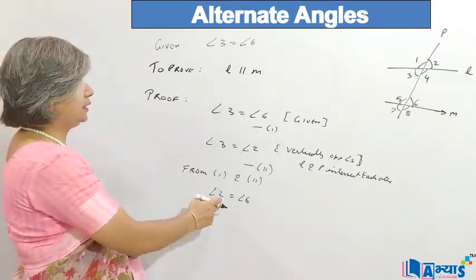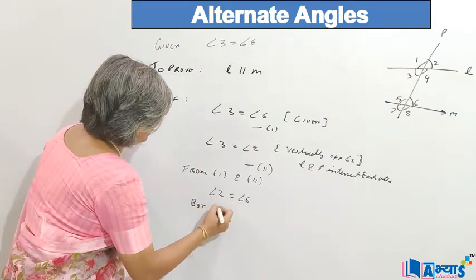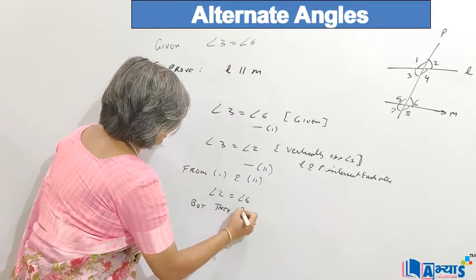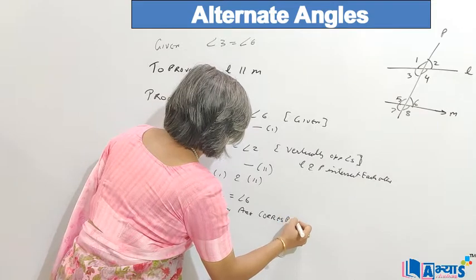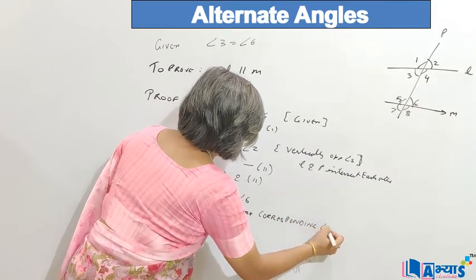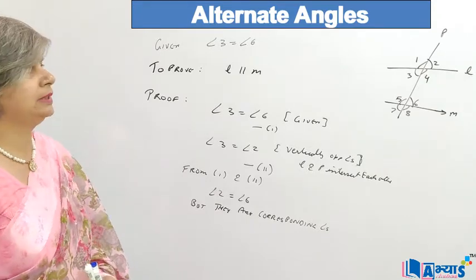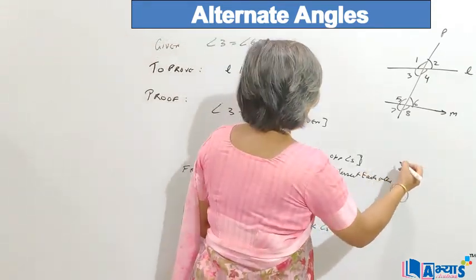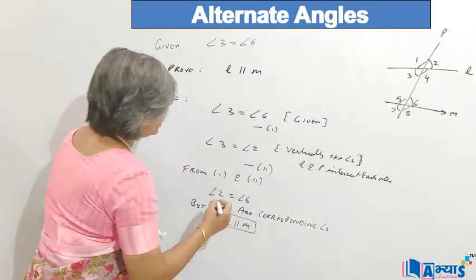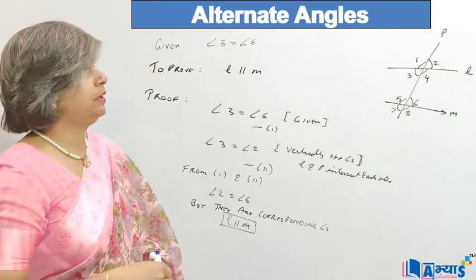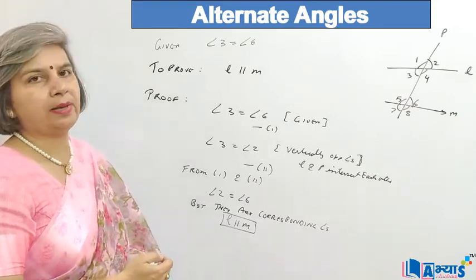So we can say that angle 2 is equal to angle 6, but they are corresponding angles. And from the axiom of the corresponding angles, we can state that if the corresponding angles are equal, then L has to be parallel to M. So we have proved that if we are given a pair of alternate interior angles as equal, we can prove that the lines are parallel.